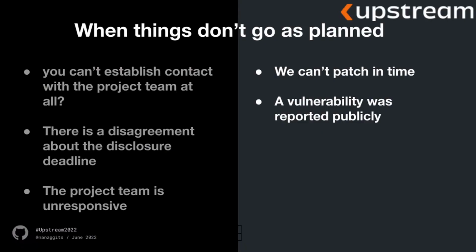Despite your best efforts, things just don't go as planned sometimes. Let's go over a few things that could happen. First, a reporter can't establish contact with the project team at all.